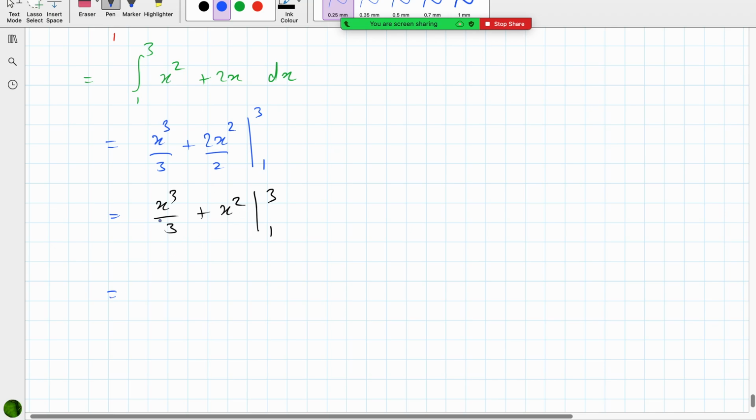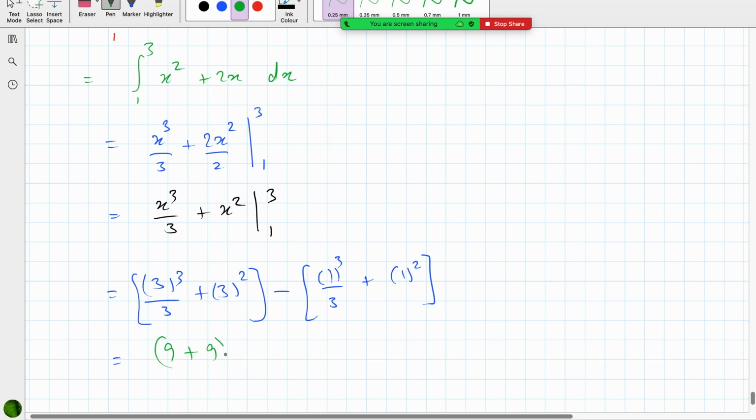First we'll substitute 3. So 3 cube over 3 plus 3 square, upper limit, minus 1 cube over 3 plus 1 square, lower limit. And simplification. So 3 cube is 27 by 3, 9, plus 9, minus 1 by 3 plus 1.